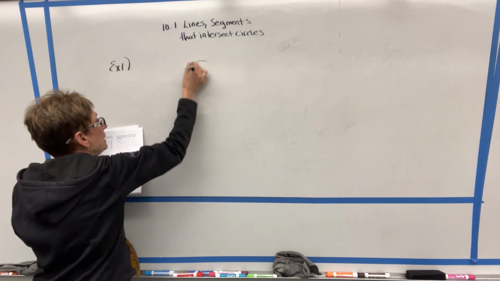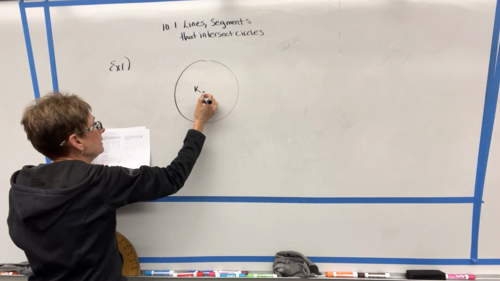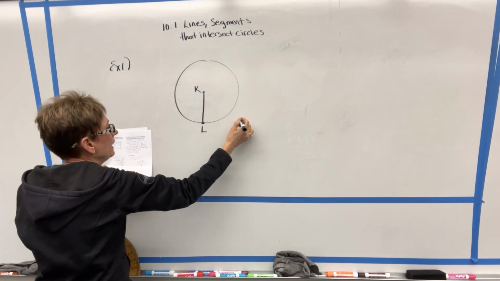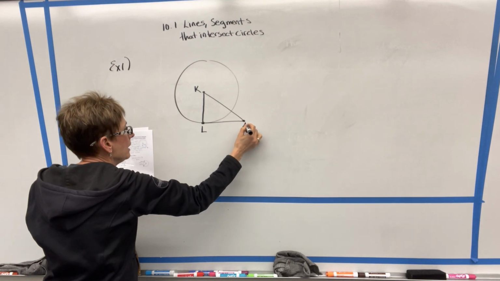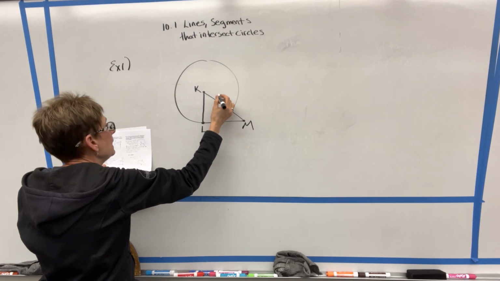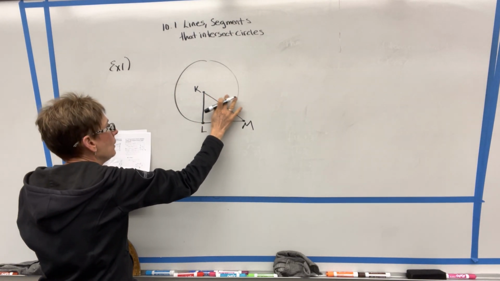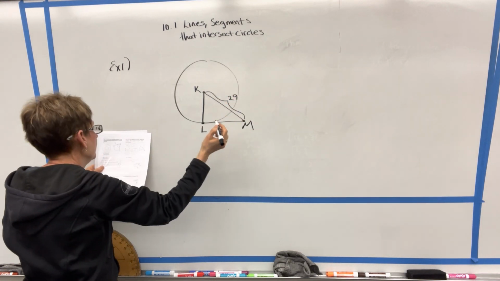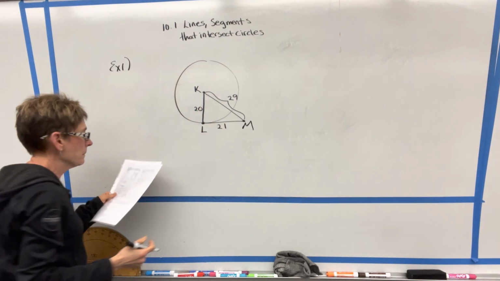We're going to draw a picture here of a circle with a center at K. We have a point on the outside of the circle at L, and then another one at M. This length right here is 29, and the 29 does refer to the whole length of this side. And then this piece here is 20, and this is 21.